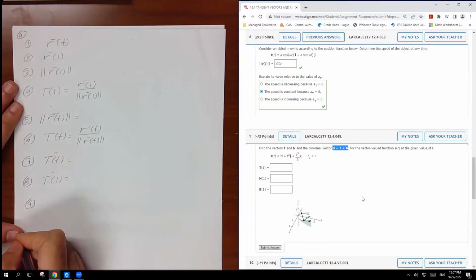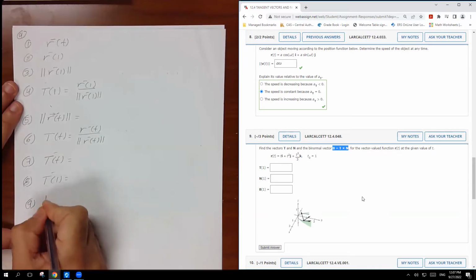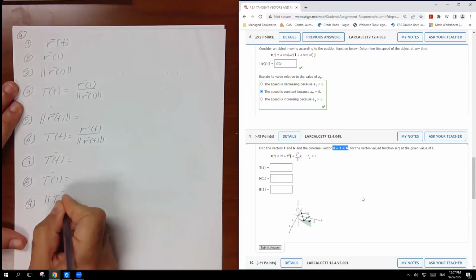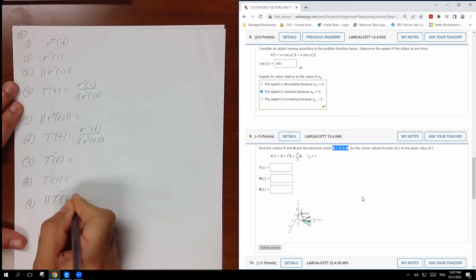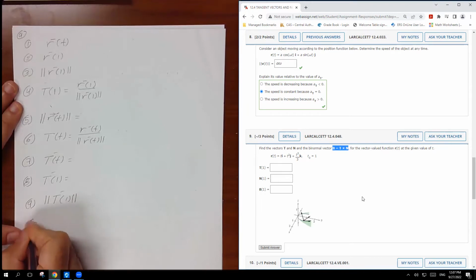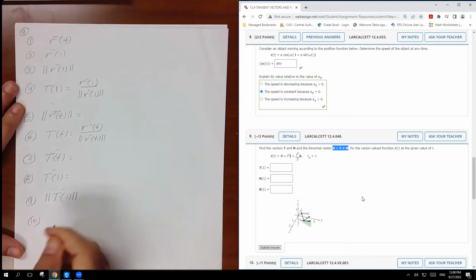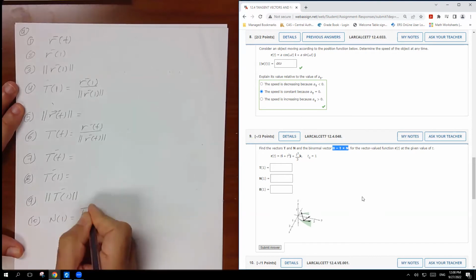Step 9, we need to find now the length of t prime with respect to t. On step 10, you're going to find n of t, which is equal to t prime over the length of t prime.